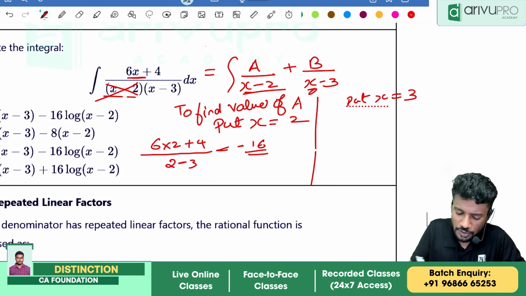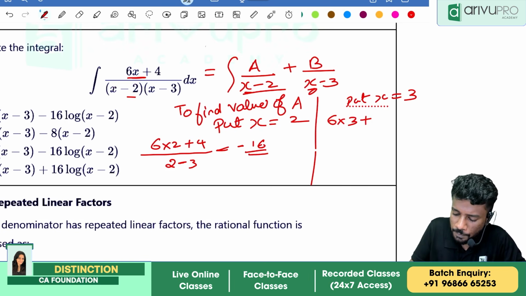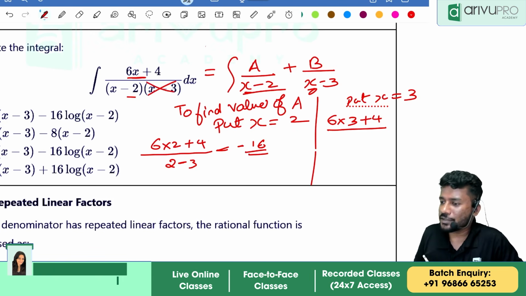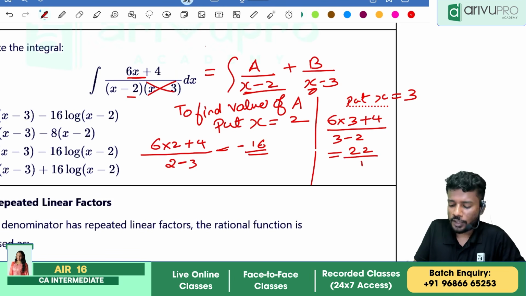Then put x equal to 3. Then 6 into 3 plus 4 divided by, we will ignore which term? X minus 3, so that is 3 minus 2, which is equal to how much? 22 divided by 1. So we have the values of a and b.